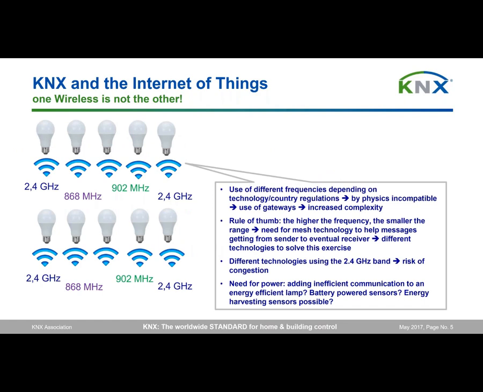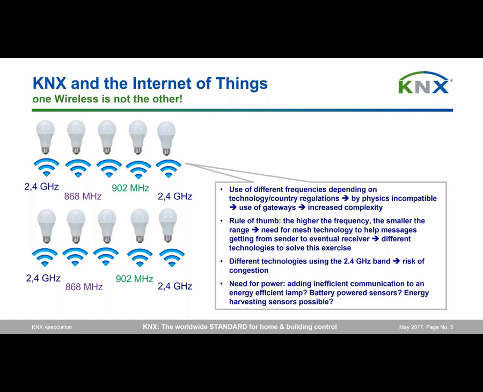When you're communicating wireless, you should be aware that one wireless solution is not comparable to another wireless solution, because a wireless solution could be using different frequencies depending on the technology used, or even the country regulations.